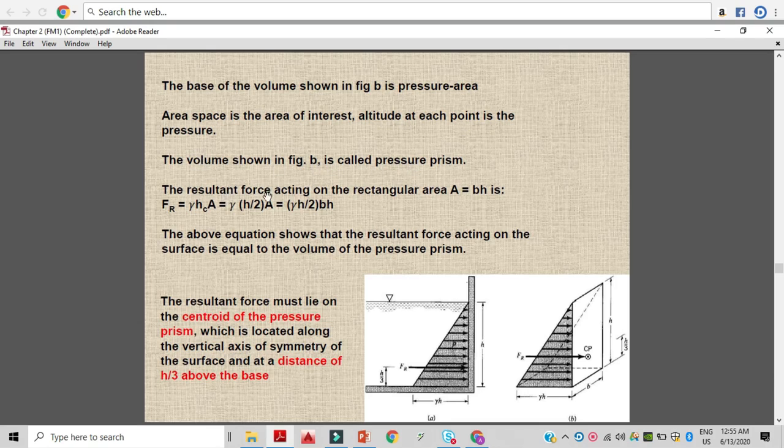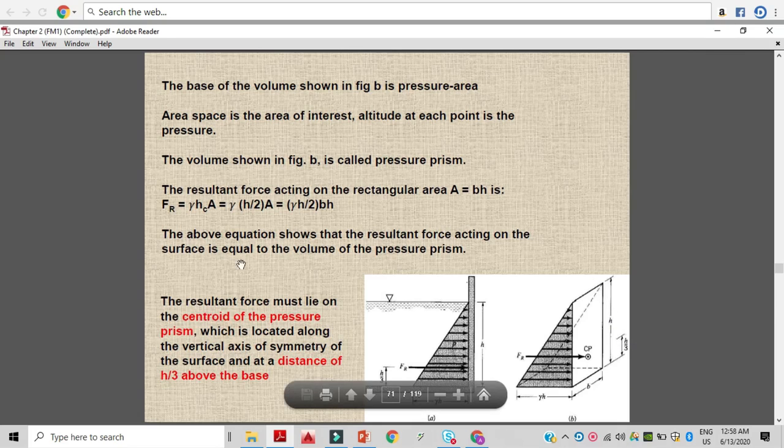The resultant force acts on the rectangular area. So the rectangular area A is equal to B into H. This is B and this is H. So this is the resultant area.